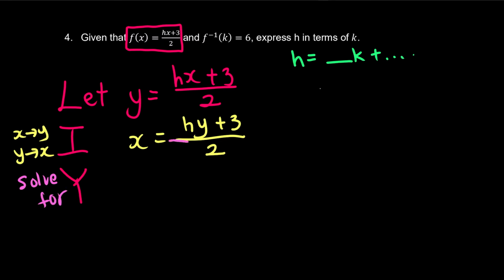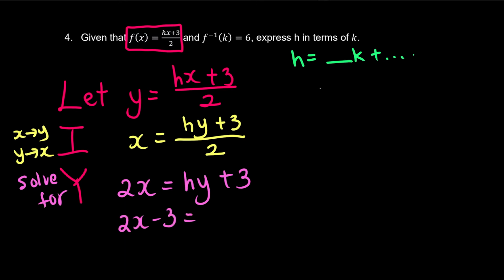So remember, this line is what we call a division. So divided by 2 goes over to the left hand side, becomes times 2. So 2x is equal to hy + 3. Here is a plus 3, goes over to the left hand side, becomes minus 3. 2x minus 3 is equal to hy. When you stick together is a times, you go to the other side, become divide.